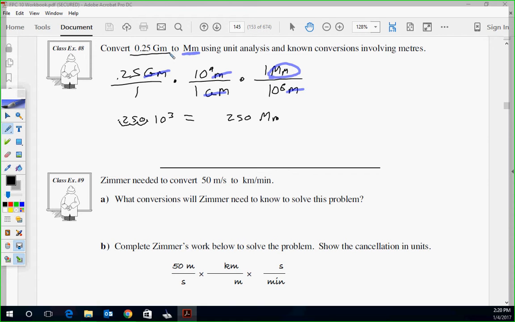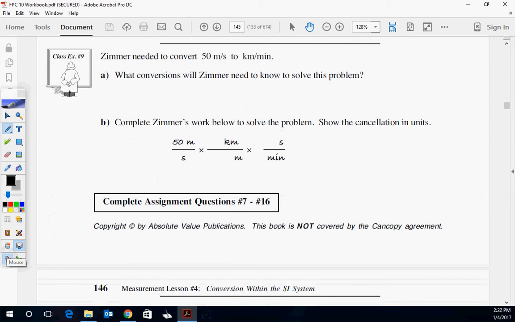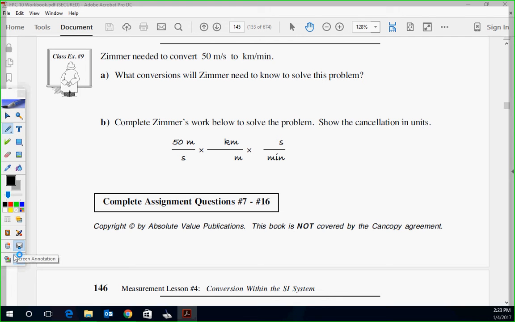Okay. All right, now we're going to mix it with, this is the last one, but this is where it gets much harder as we keep going here. We have speed now. So Zimmer needs to convert 50 meters a second to kilometers a minute. So he wants to take the speed of 50 meters a second, and how fast is that in kilometers a minute? So first off, let's just think about this real quick, guys and gals. If I'm going 50 meters a second, and I'm changing to kilometers a minute, is my number going to get bigger or smaller?